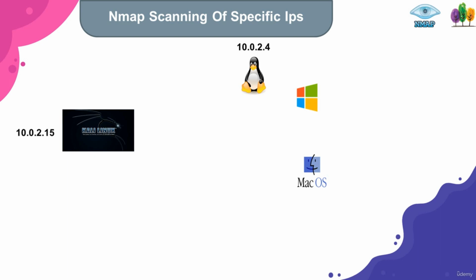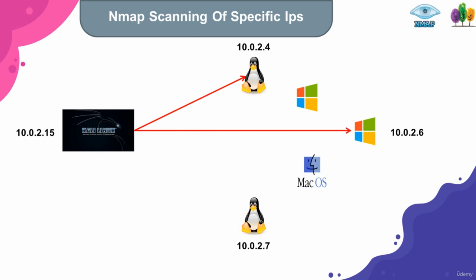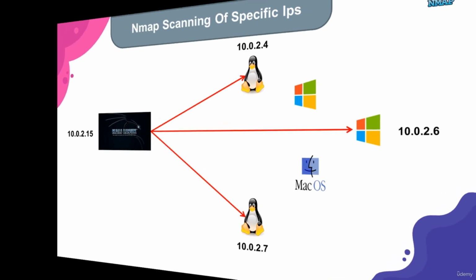To use this command, you need to know the target IP information in advance. The command we will use is nmap IP1, IP2, IP3. Here, IP1, IP2, and IP3 are the IP information of the target systems, and the number of IPs written here can be increased.